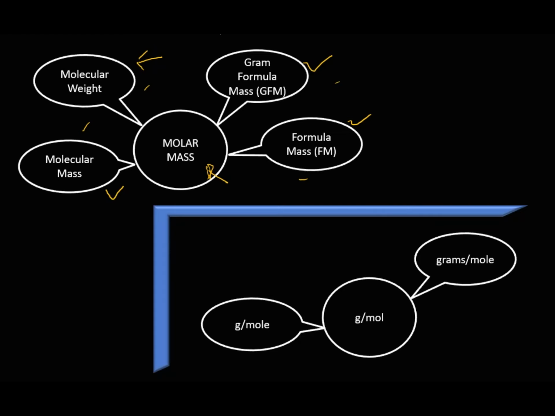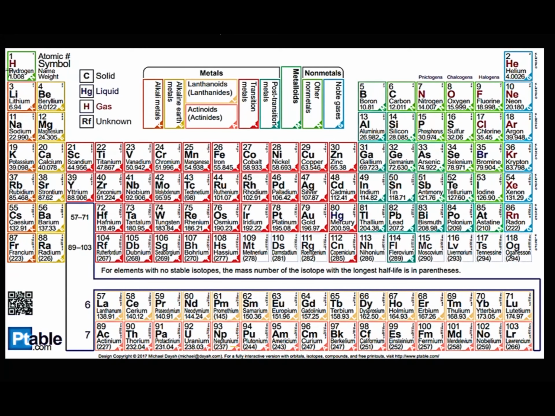Same goes with the unit. The unit is expressed as grams per mole, and sometimes it is expressed like this or like this. Now let us examine the periodic table again, because here we can see the atomic mass or the molar mass of a given element. When we speak of molar mass of the element, we simply refer to the atomic weight.